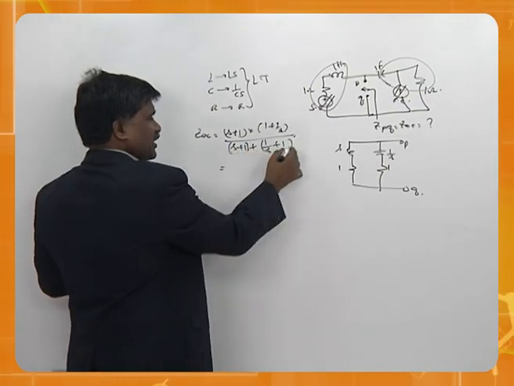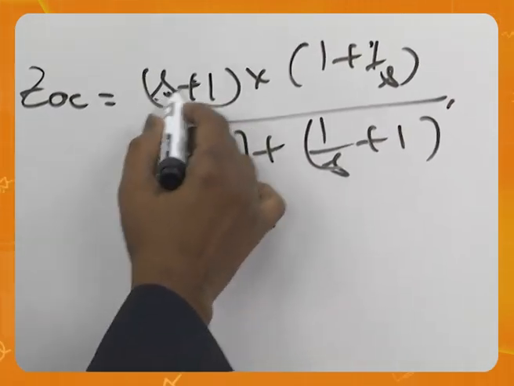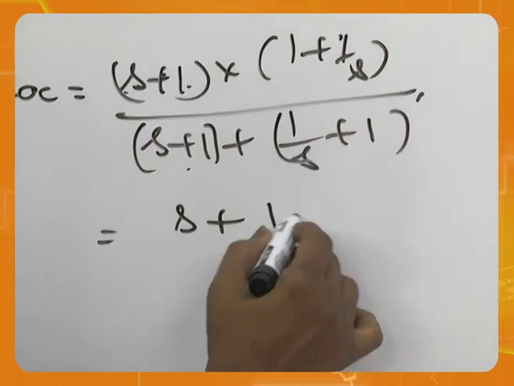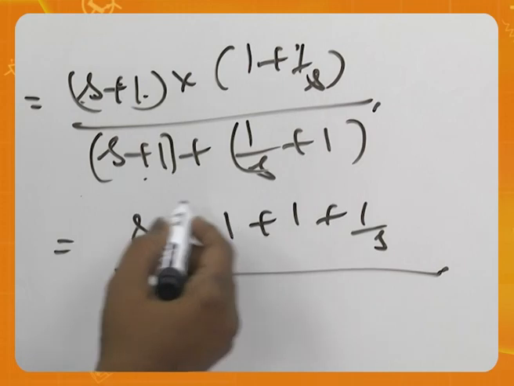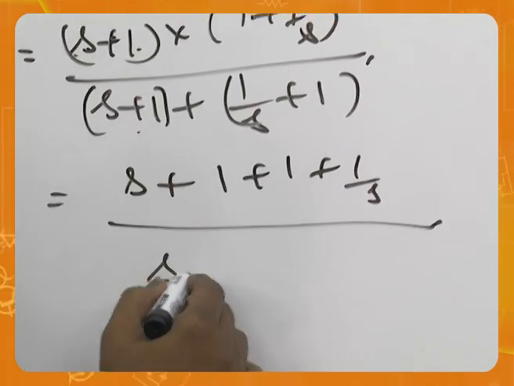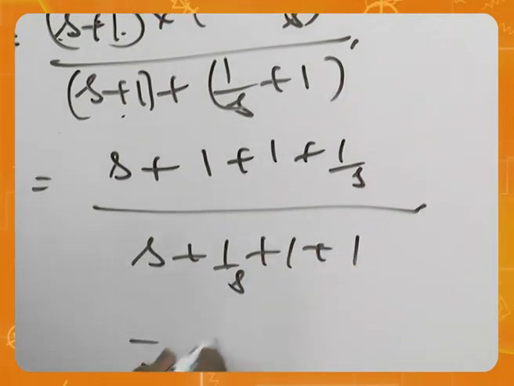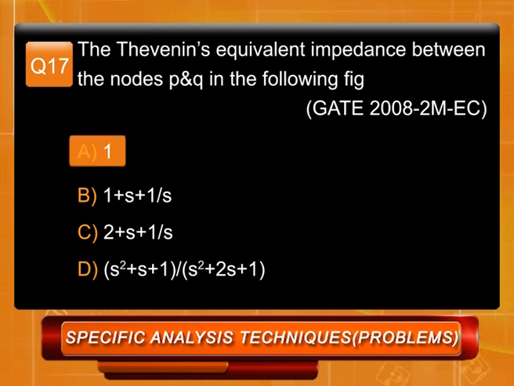For your clarification, s into 1 by s is 1 here. 1 is 1 here. 1 by s here. Now this is s plus 1 by s. 1 plus 1 plus 1. That is 1. Answer is 1. Therefore, option is A.